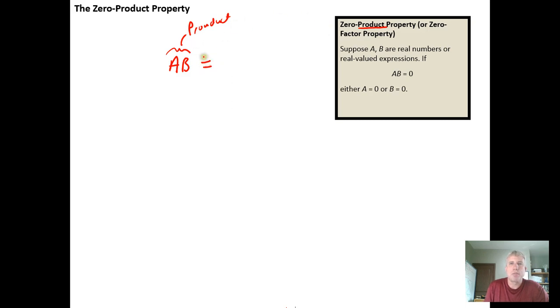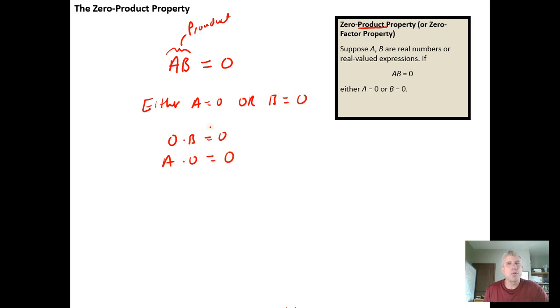So the zero product property says if you have a multiplication that equals 0, then one of these 2 things must be 0. Either A is 0 or B is 0, because 0 times B is equal to 0, or A times 0 equals 0.